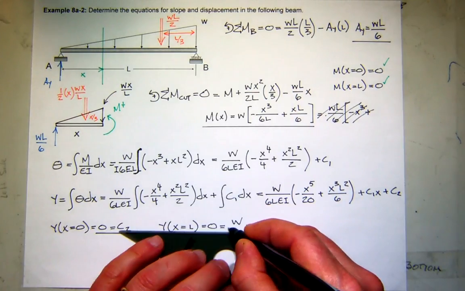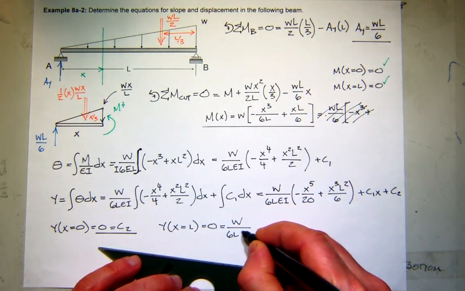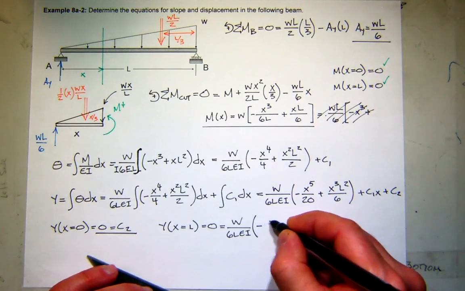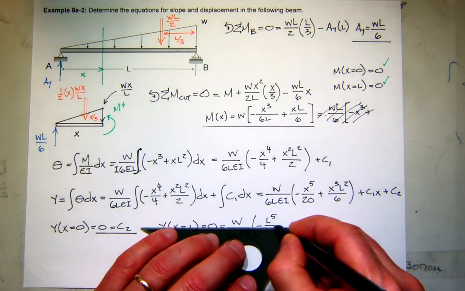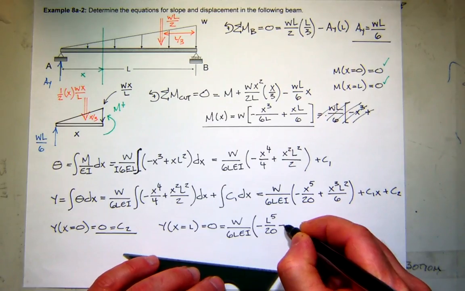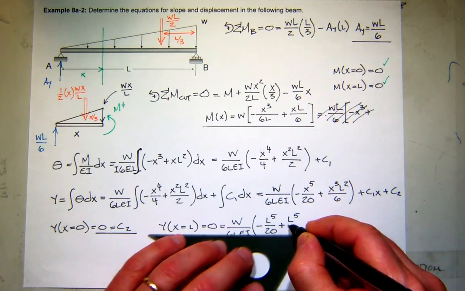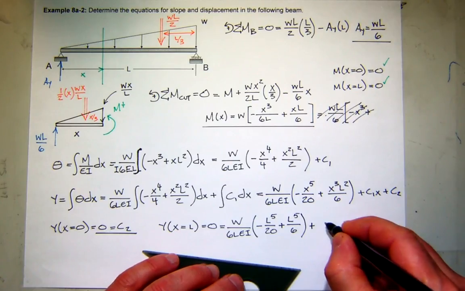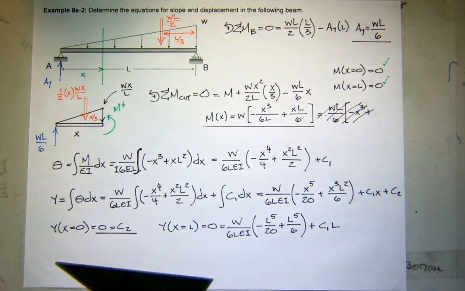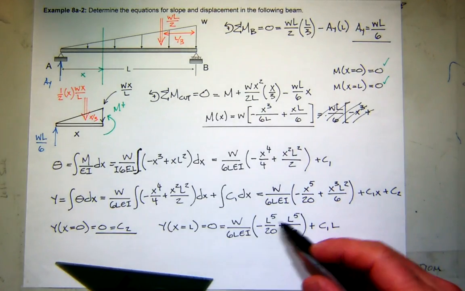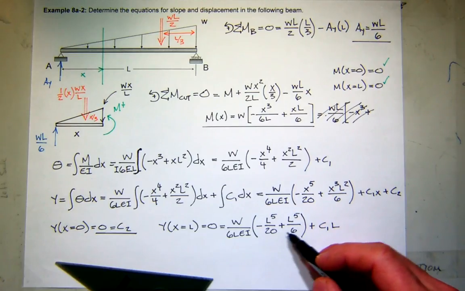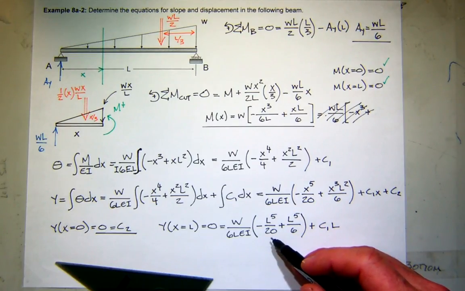So I've got W over 6L EI. That's my constant. This is going to be minus L to the 5th over 20 plus L to the 5th over 6 plus C1 L. I just have to solve for C1. Looking for some way to make these work, the only thing I can see is if they have a denominator of 60.